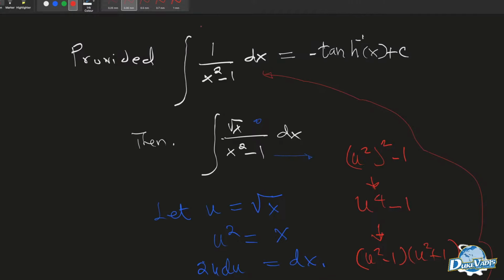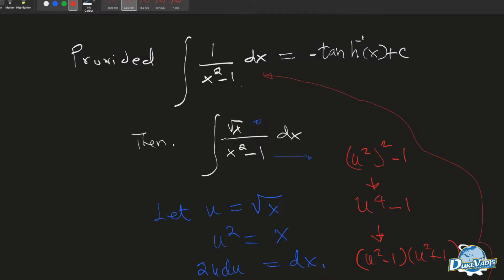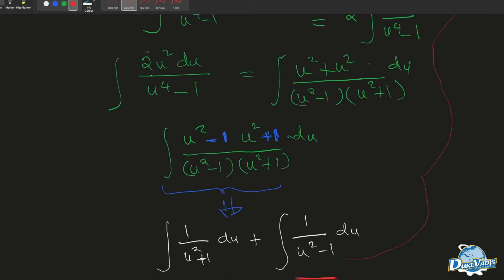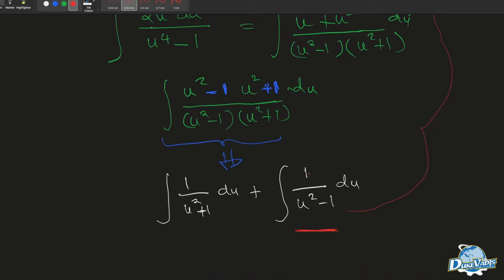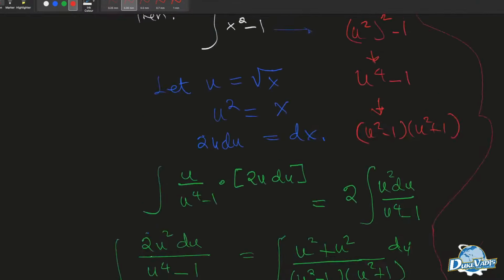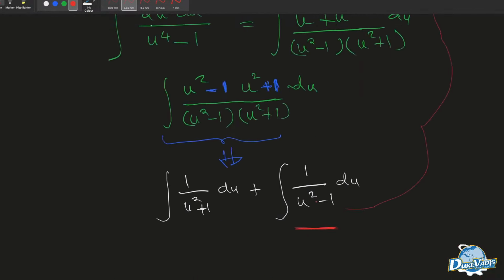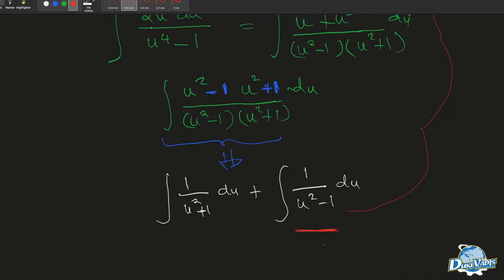So here, instead of 1 over x squared minus 1, whose integral is tanh inverse of x plus c, look at it. This is 1 over u squared minus 1.